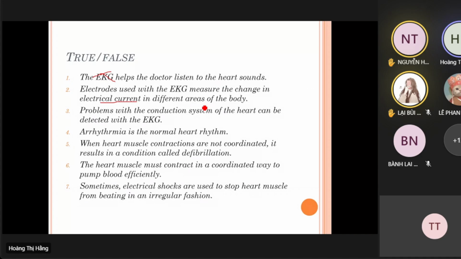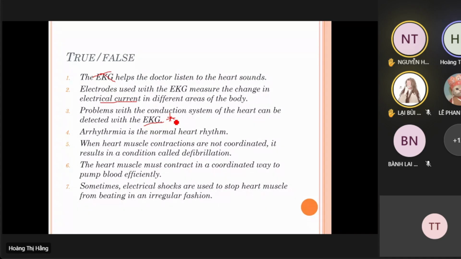Mình đi đo là mình biết. Number 3. True, right. Thanks to EKG, doctor can notice some abnormal things in the heart, especially in the electrical current.